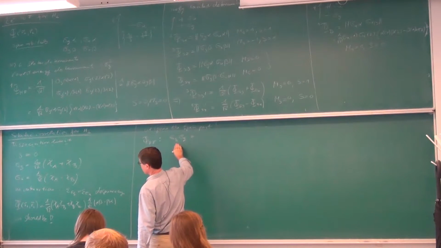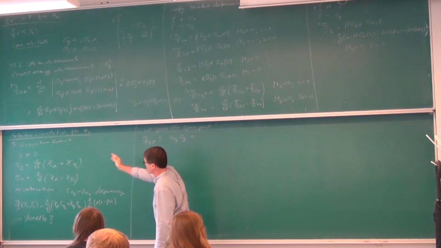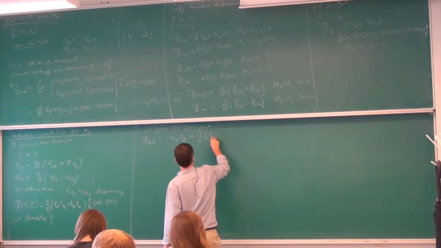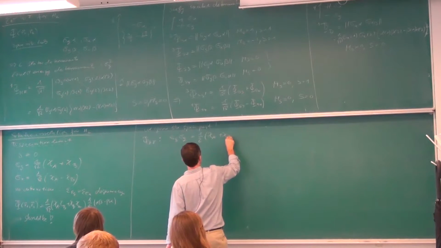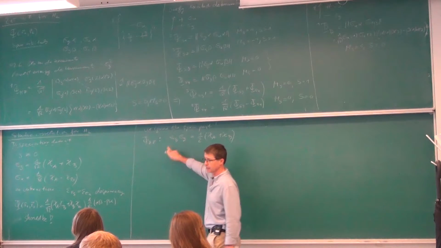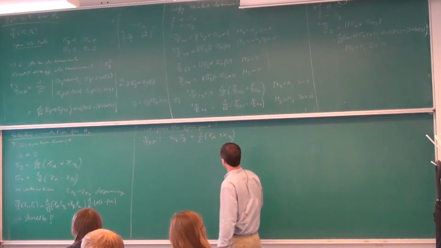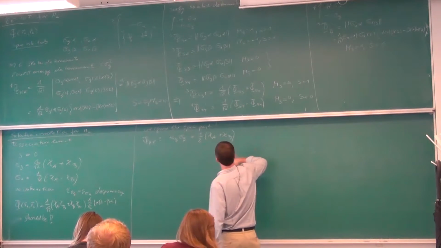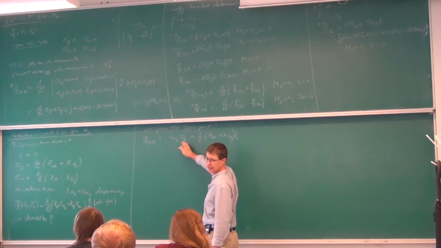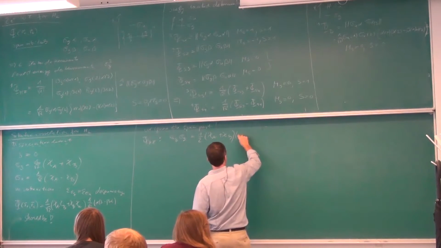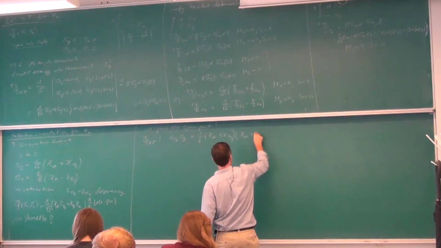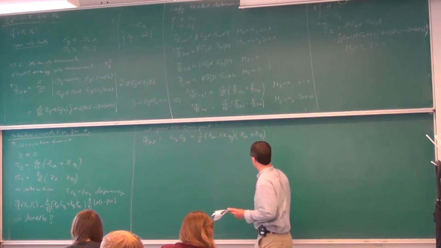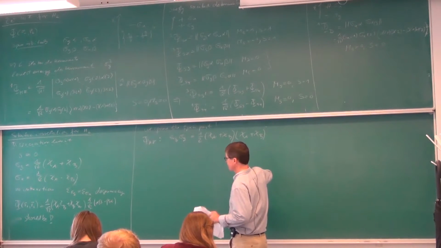Well, sigma g is 1 over square root 2, so that's 1/2 overall. And then I get chi A plus chi B for electron 1, and chi A plus chi B for electron 2, times the spin function.